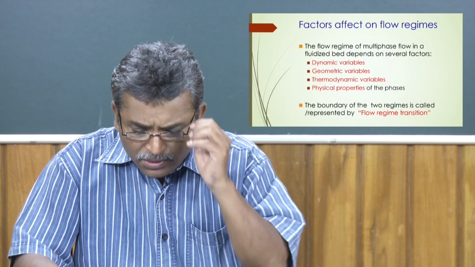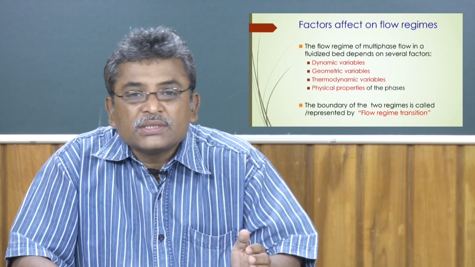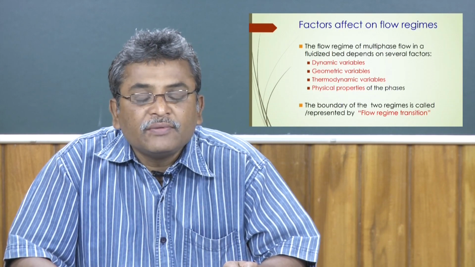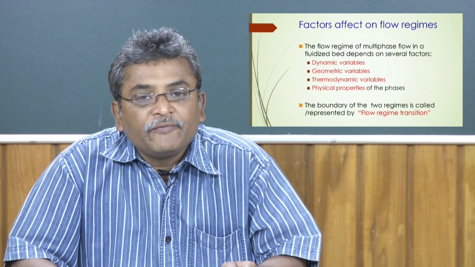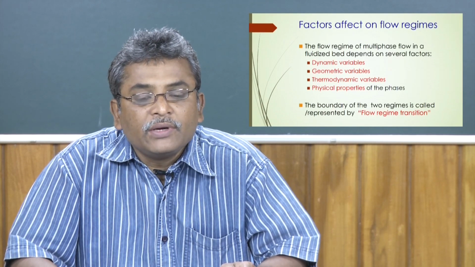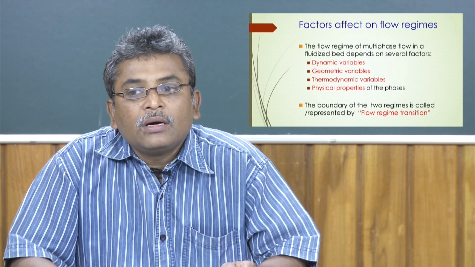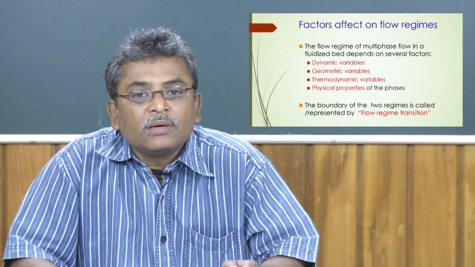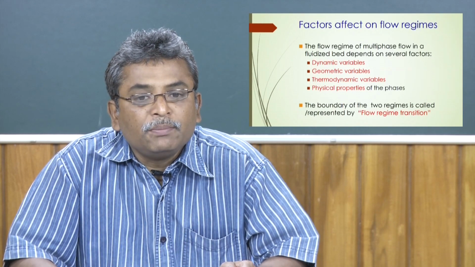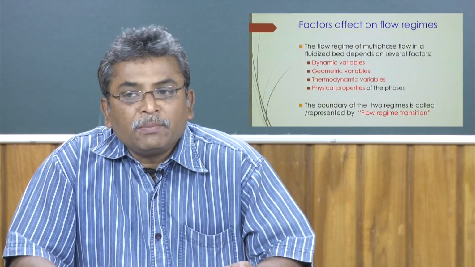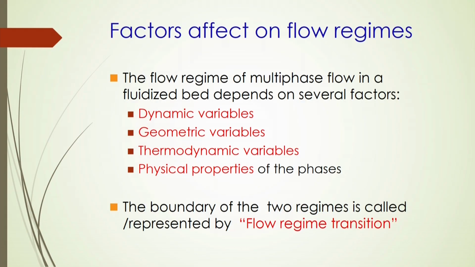And thermodynamic variables, like the pressure inside the bed. If I change the pressure inside the bed, then what should be the characteristics of the fluidized bed, and what should be the different hydrodynamic and transport processes inside the bed that depend on the pressure. And another thermodynamic variable is temperature. Of course, temperature is the main effect here.